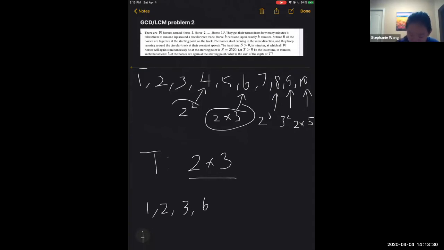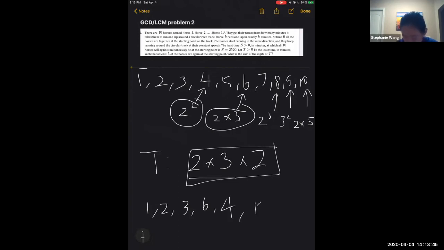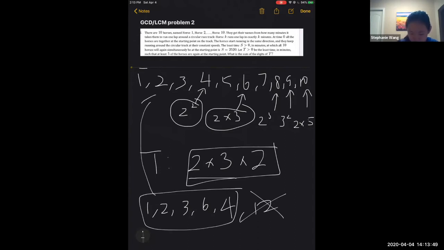So if we look at this number right here, obviously 2 squared is not divisible by 2 times 3. But if we multiply it by another 2, then it will be divisible. And so that means the divisors of this will include 1, 2, 3, 6, and 4, and 12. But we don't care about 12 because all we're worrying about is the numbers in here.